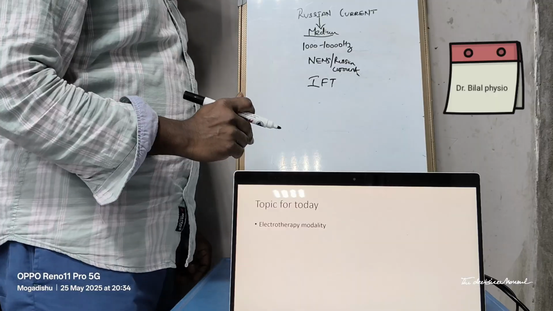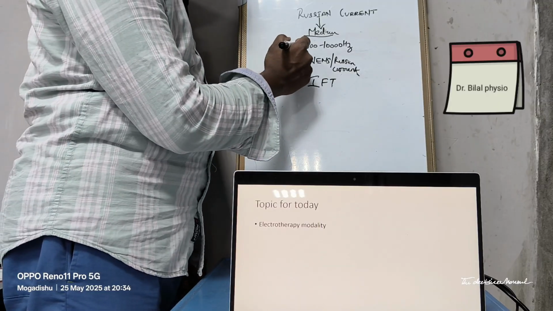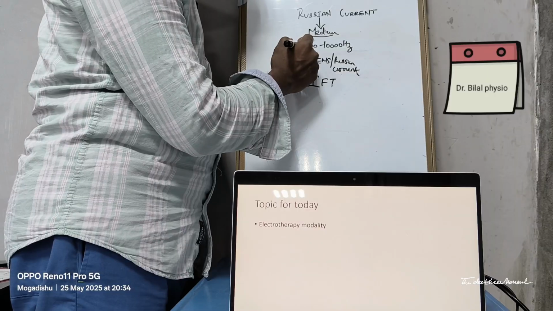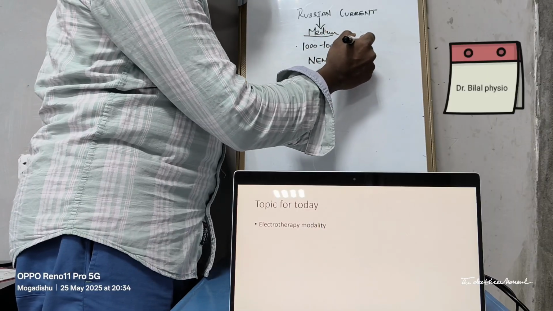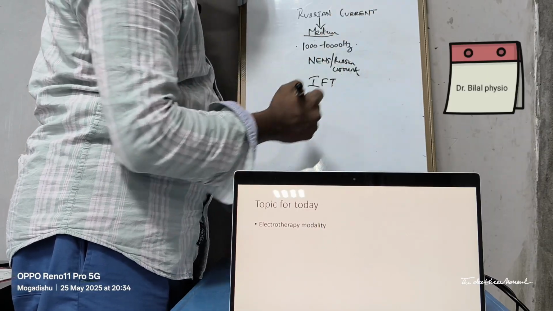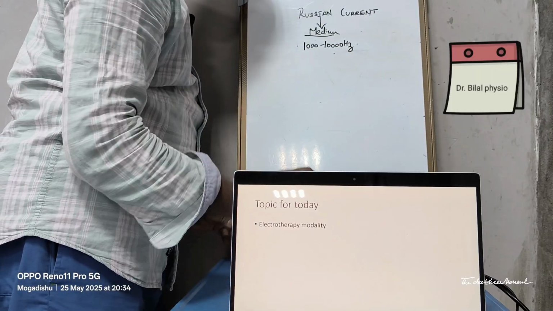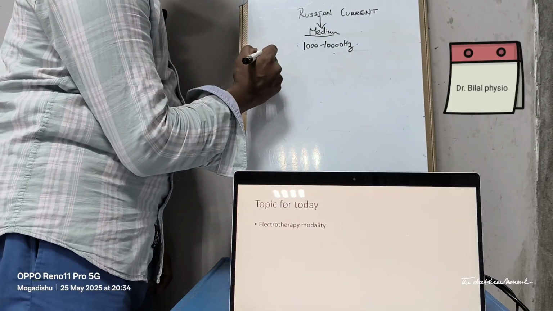The Russian current comes under the medium frequency current, which has a frequency range between 1000 to 10,000 hertz. It has certain characteristics.